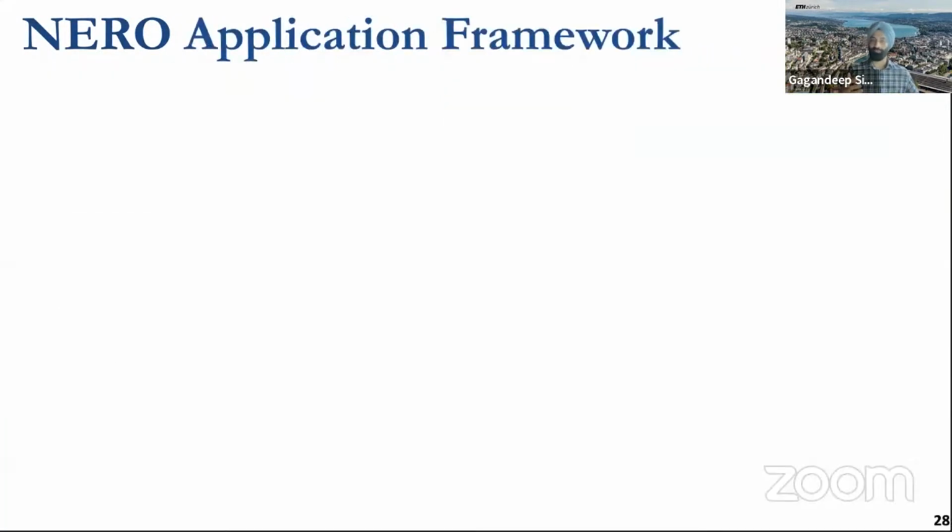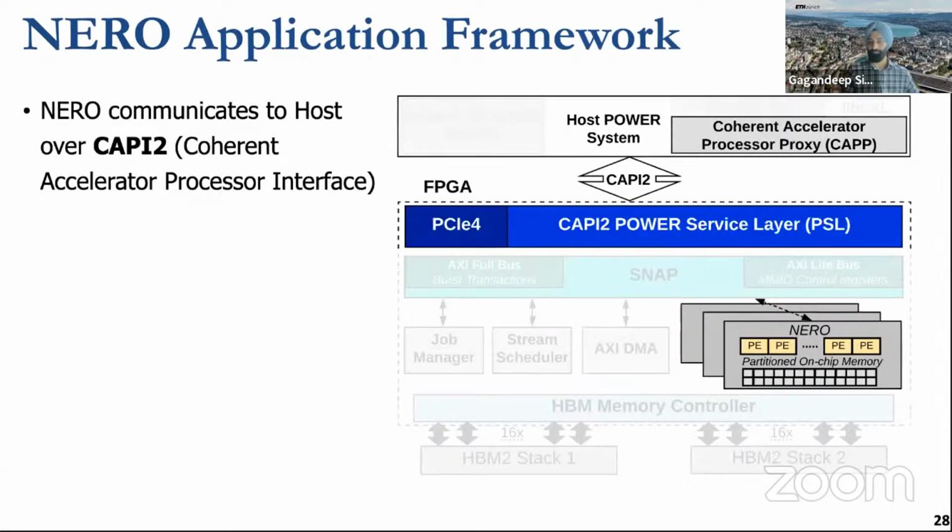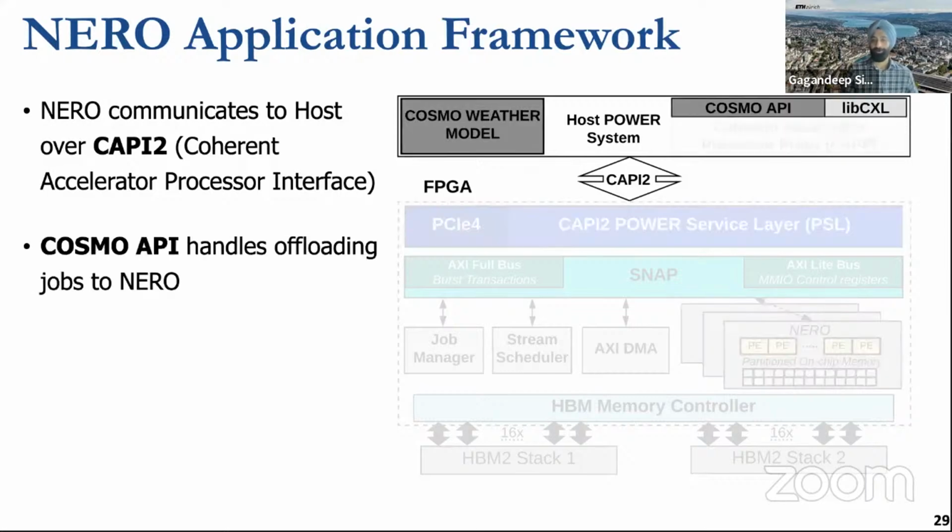To support this architecture, we also built an application framework. As I mentioned, we have our host system, which offloads the processing onto the FPGA over the CAPI interface, which is a coherent interface, and our COSMO API, which we built as a kind of library, offloads the processing using an interrupt-based queuing mechanism.